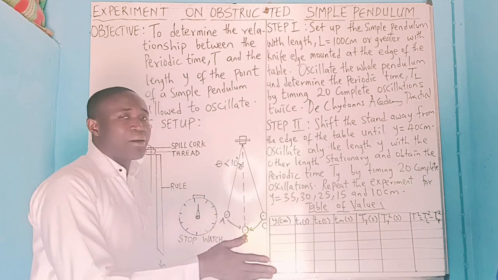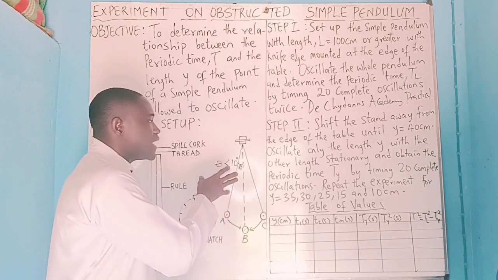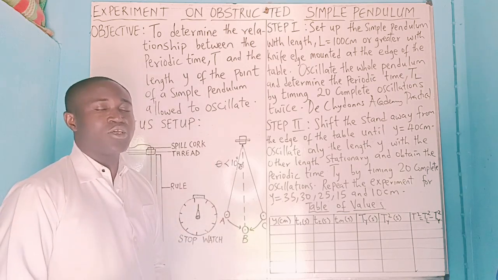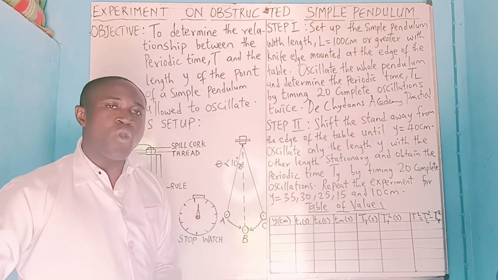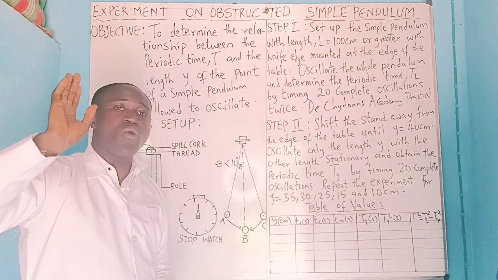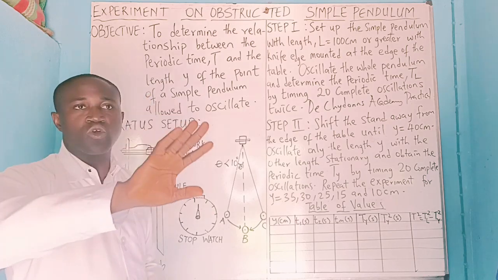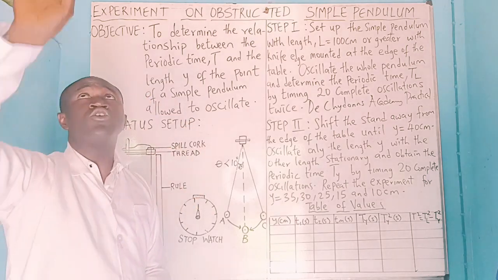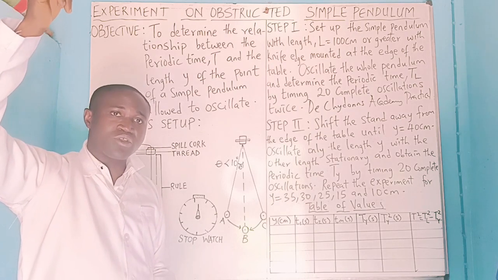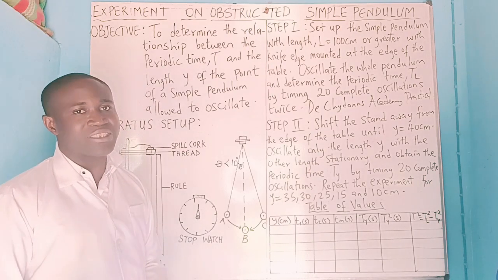Another precaution you can talk about in this experiment is that the doors and windows and electric fan were switched off. You close your windows, you lock your door, you switch off the electric fan, so as to reduce air resistance.